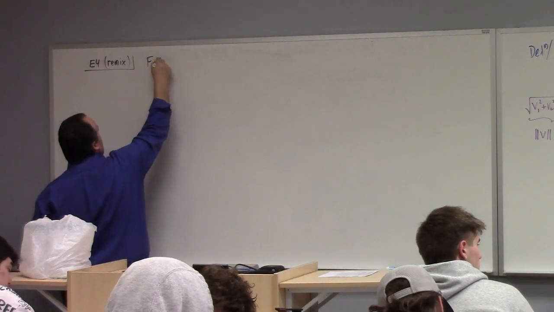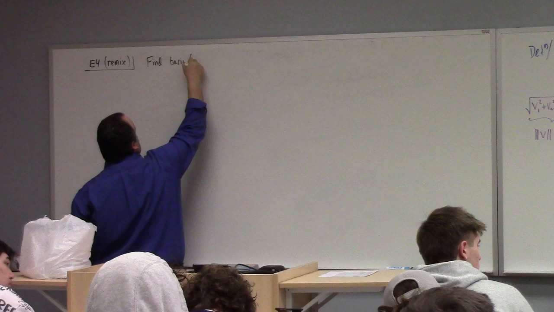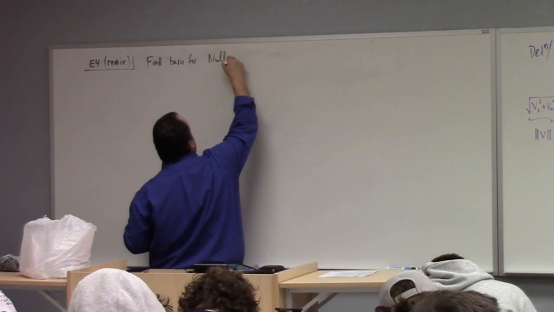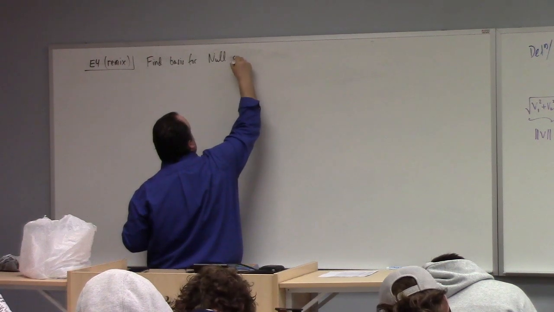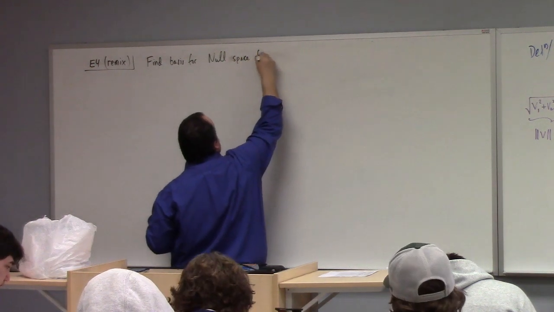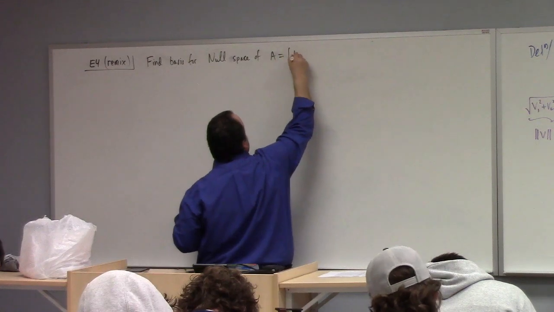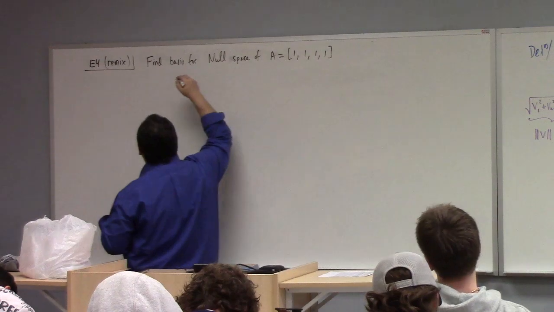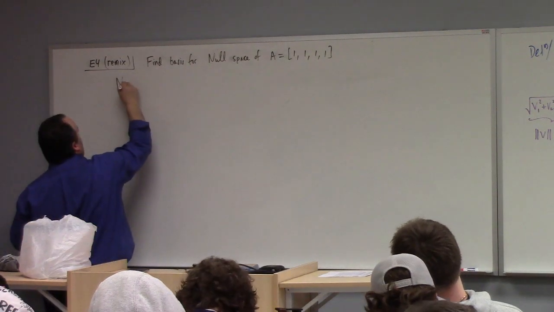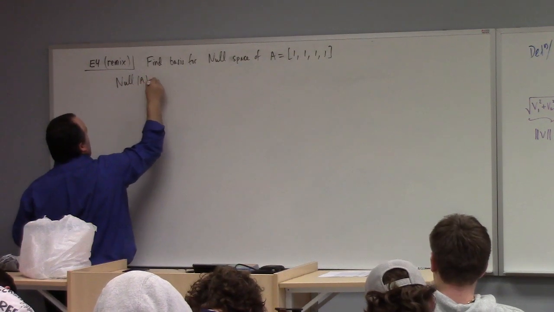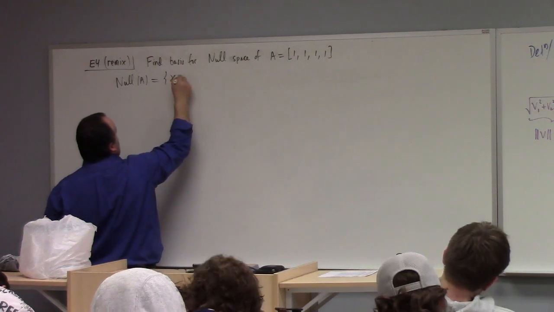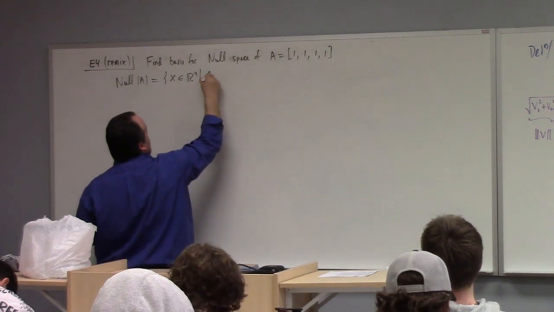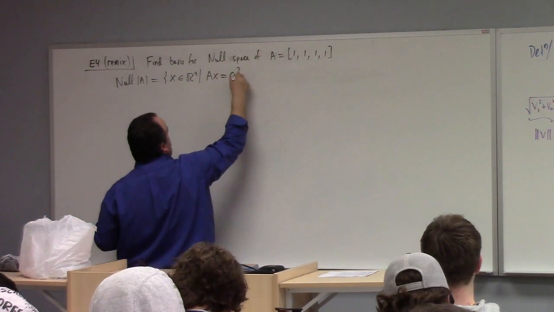Find a basis for the null space of A equals 1, 1, 1, 1. So the null space of A is equal to x in R4 such that Ax is equal to 0.